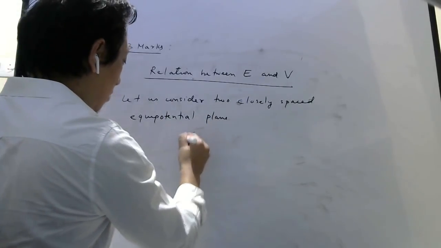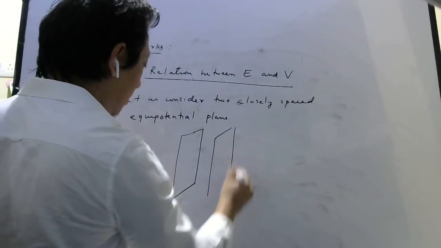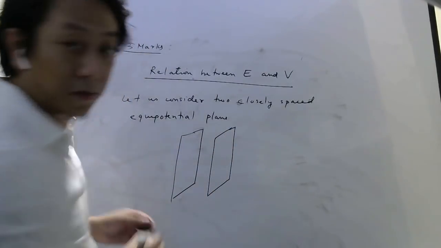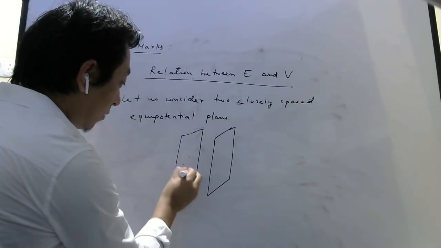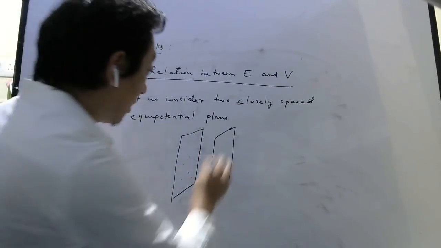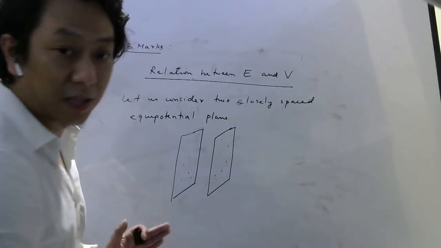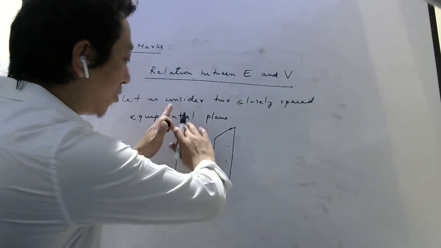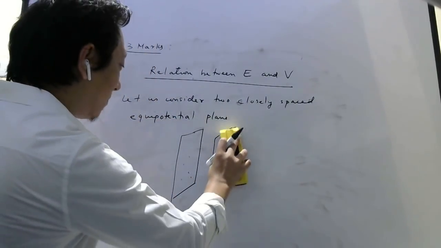So this is one equipotential plane, this is another equipotential plane. Okay, so that means what? Every point here will be at the same potential, and every point here will be at the same potential. But those two will not be the same, obviously. If those two were the same, I would have made one surface only, no? So these are different surfaces.